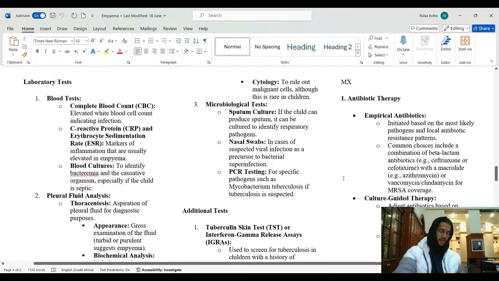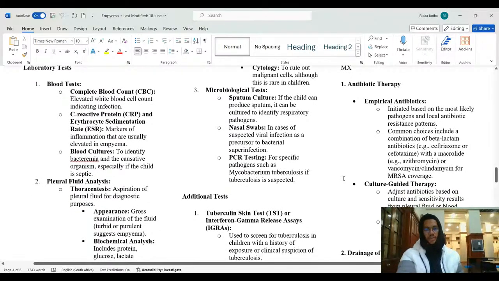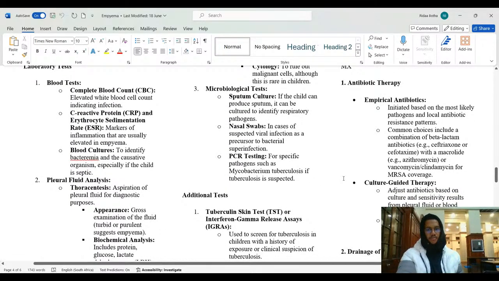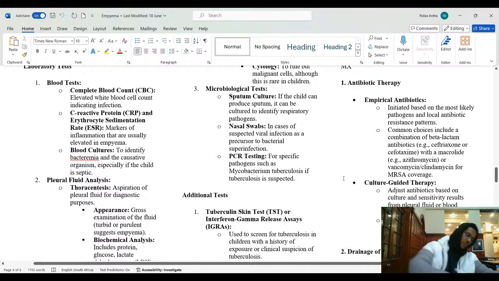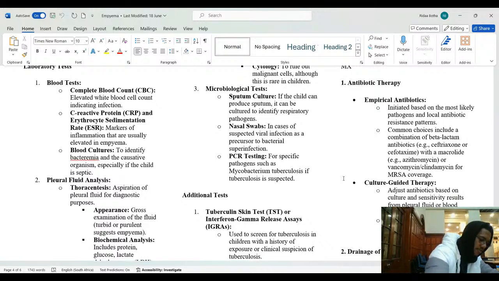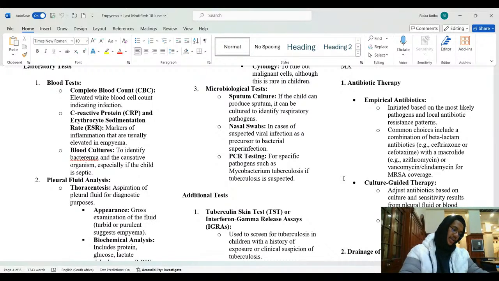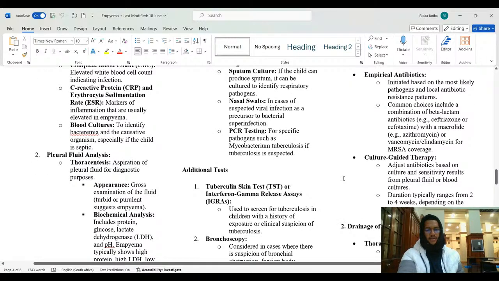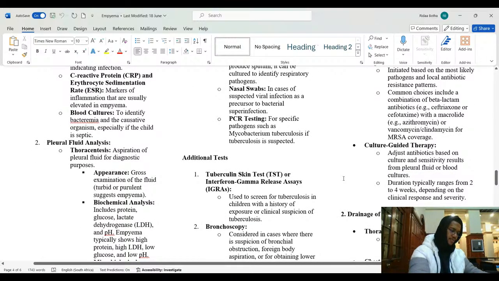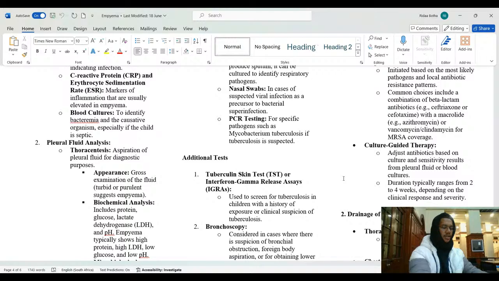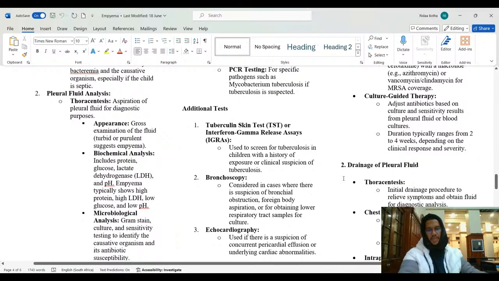Now, the sputum culture, if the child can produce sputum with coughing, you can do a sputum culture. You can do nasal swabs and PCR testing as well, especially if it's any viral infection. And then for TB, we do the Mantoux, where more than 10 millimeters is indicative.